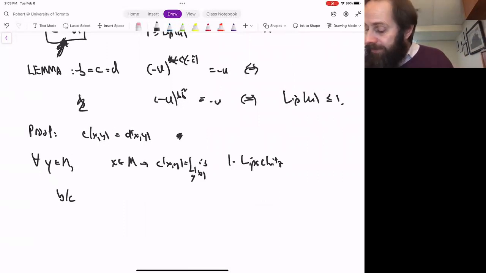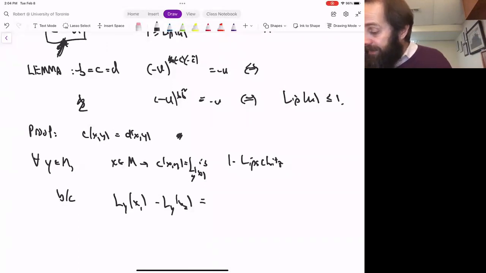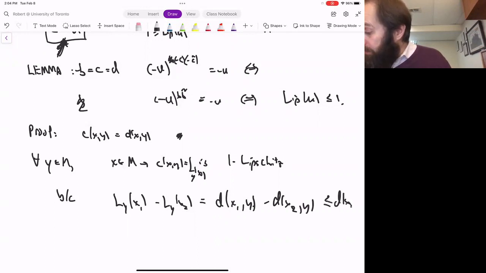And so the basic idea is, if I wanted to look at Ly of X1 minus Ly of X2, that would be, since C is D, D of X1 Y minus D of X2 Y. And this is less than D of X1, X2 by the triangle inequality.